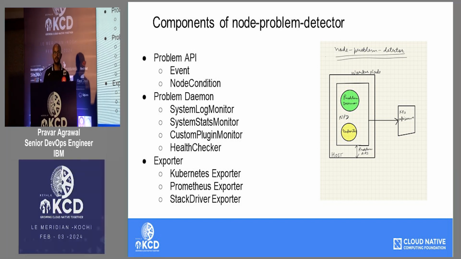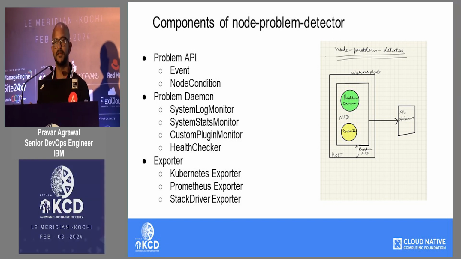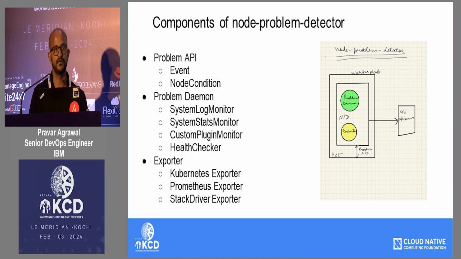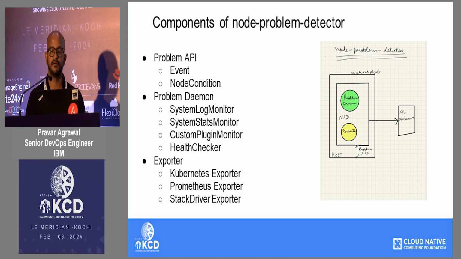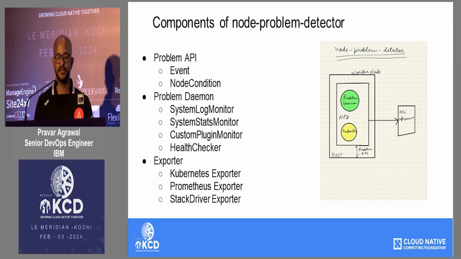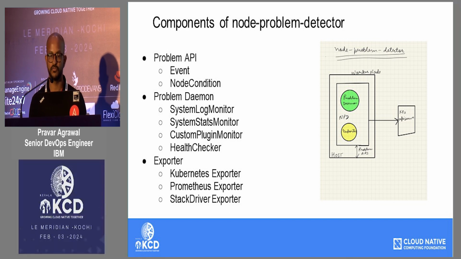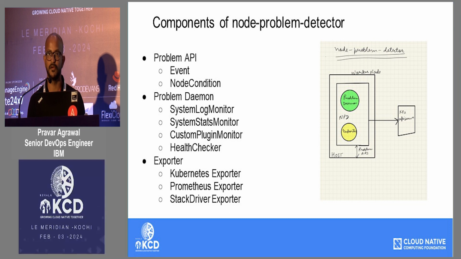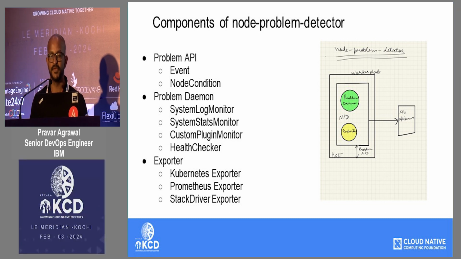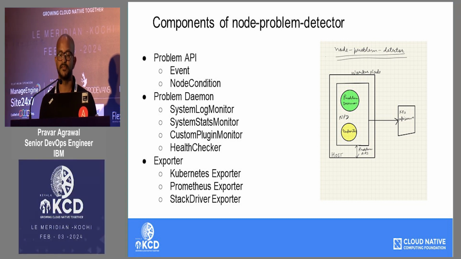Its main work is to basically detect problems going on on a worker node, right? And the communication it does after detecting those sorts of anomalies, or those sorts of misbehaviors happening on the worker node, it basically communicates all those to the API server with the help of the problem API.